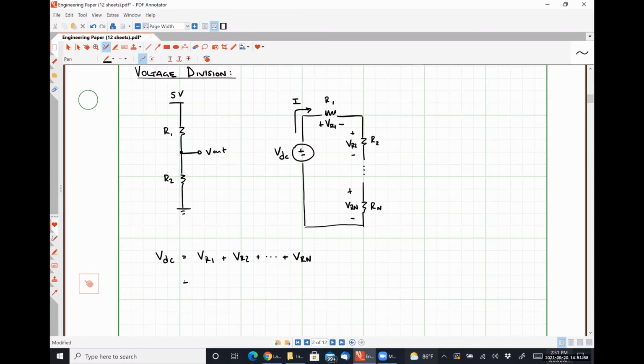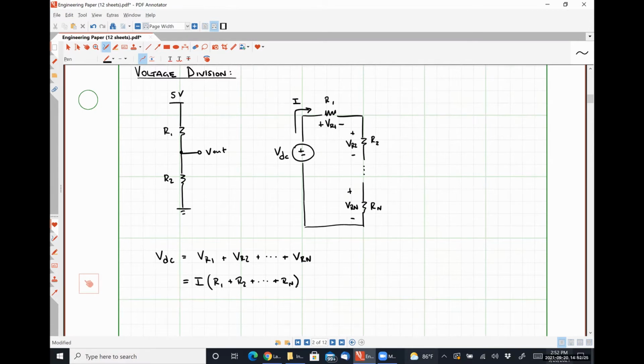Using Ohm's law, this would become I times R1 plus R2 plus all the way out to Rn, like so. So again, the derivation to this point is exactly that of what we saw last Friday when we were figuring out how to combine resistors in series.